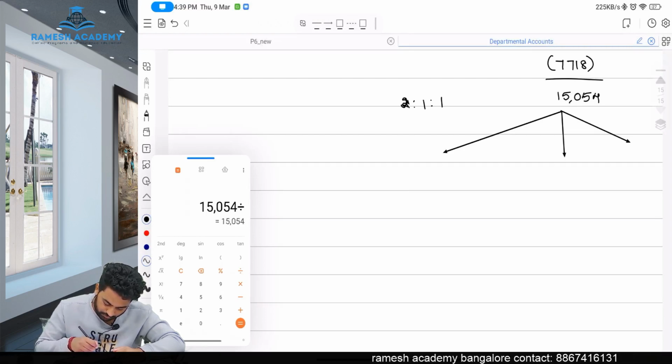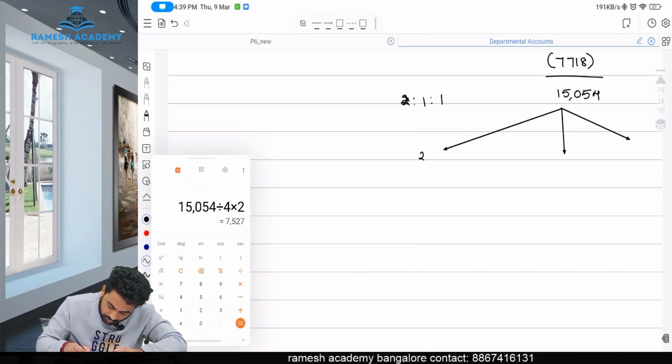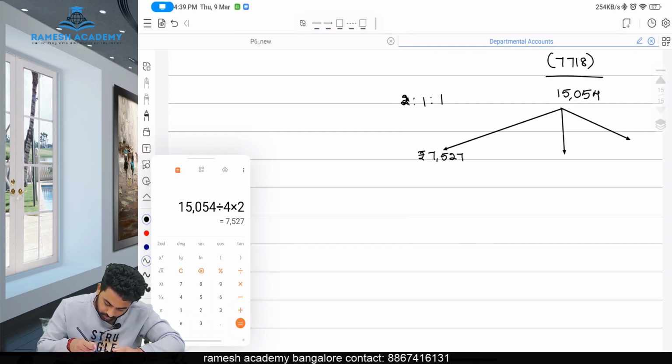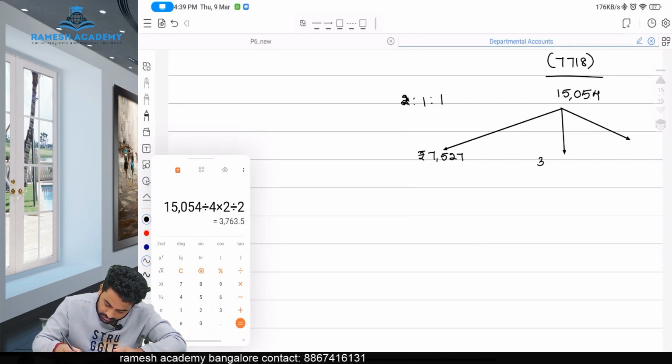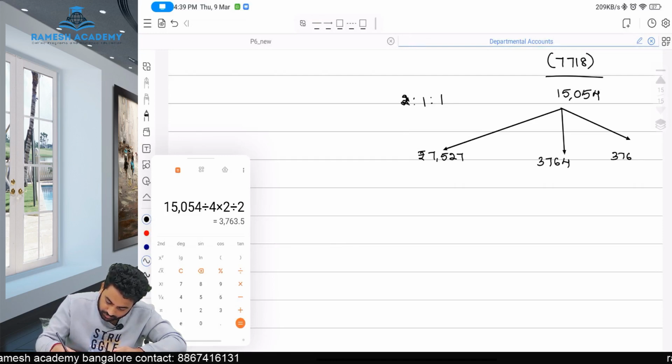15,054 divided by 4 into 2 is rupees 7,527, divided by 2 is rupees 3,764, 3,763.